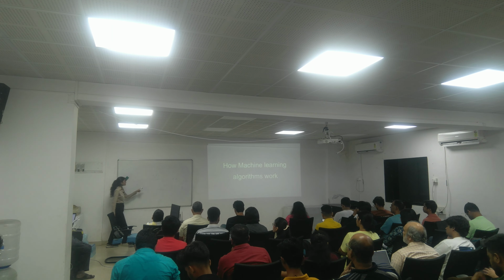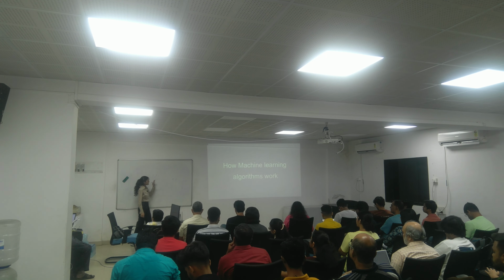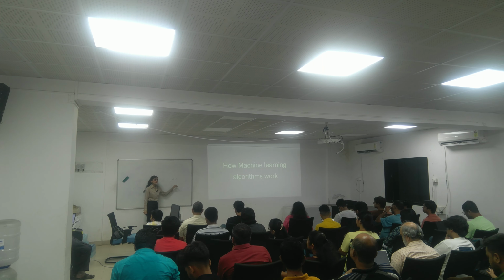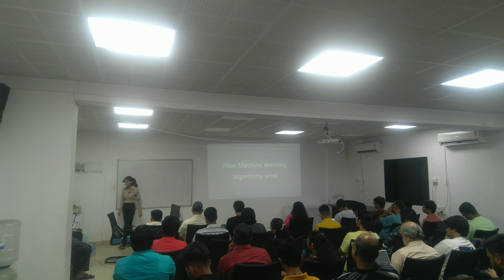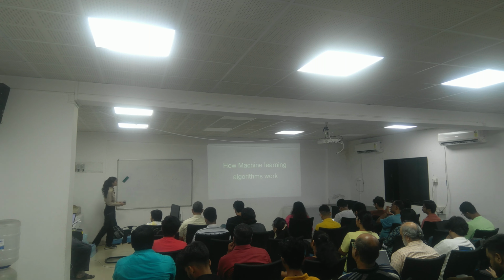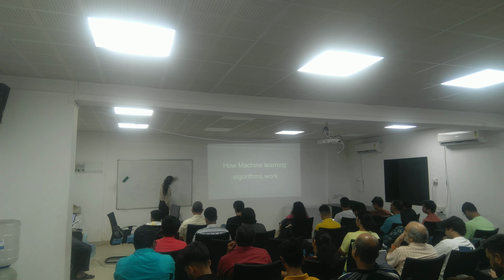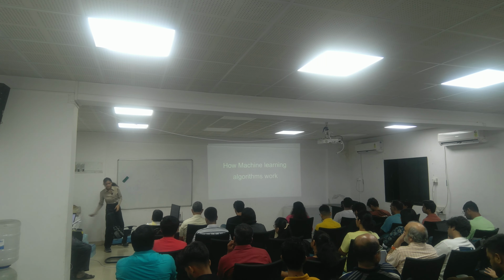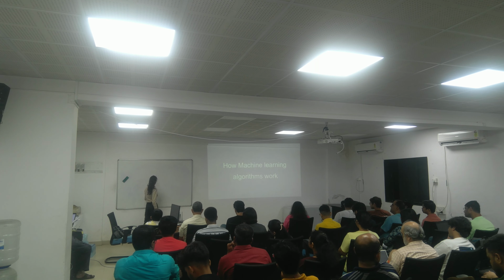So in supervised learning, we have the data. Consider the age and salary of a person. They are both in direct proportion with each other, and therefore we implement the models accordingly. Then we have something called unsupervised learning.